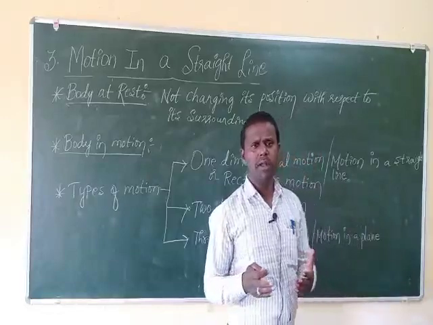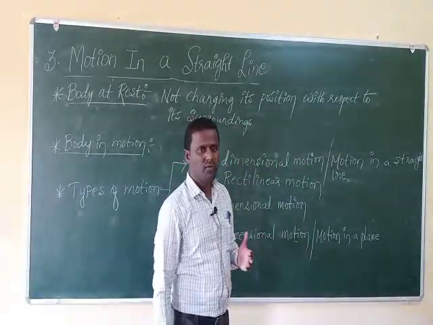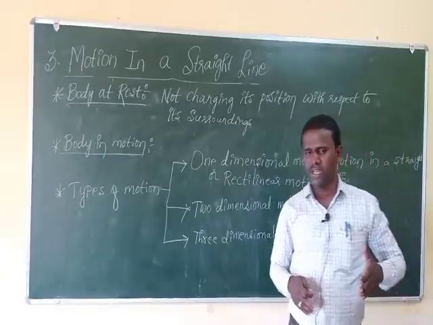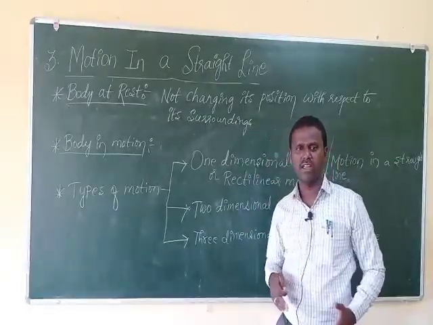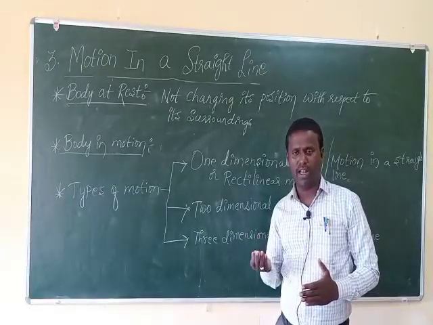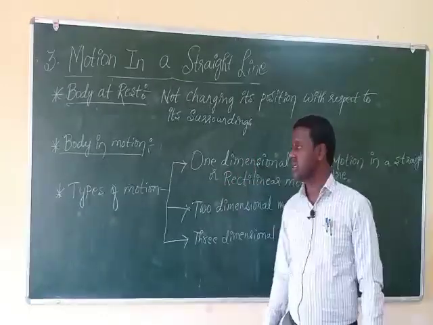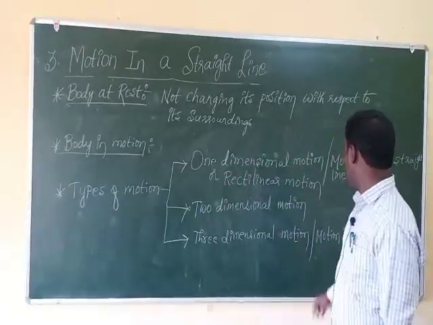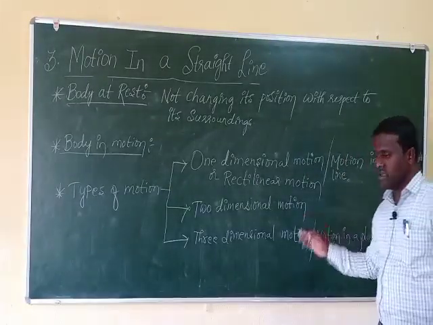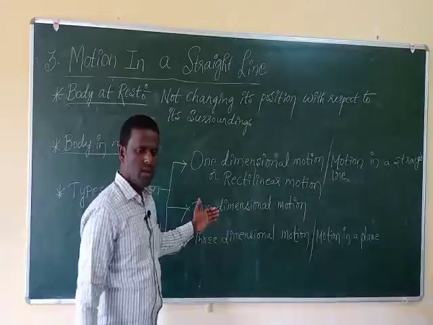Movement of a train along a straight track, movement of a bus along a straight track, movement of a vehicle along a straight track is an example of one-dimensional motion, or motion in a straight line, or rectilinear motion. Right? Next comes two-dimensional motion.